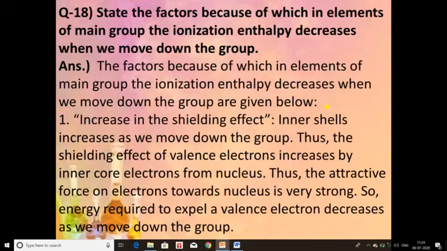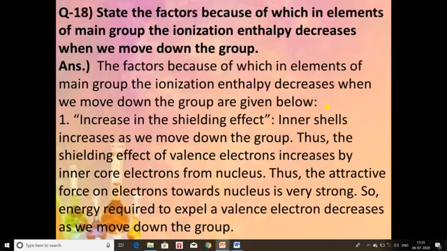Now question number 18. State the factors because of which, in elements of the main group, the ionization enthalpy decreases when we move down the group. The factors are given below. First is the increase in the shielding effect.